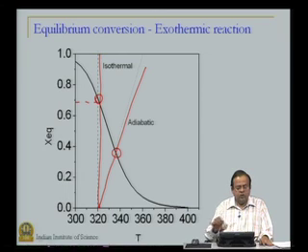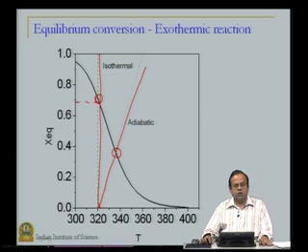Now, why is this interesting? This is interesting because, look at it this way. For a reaction to progress satisfactorily, there are now two constraints on us. One, we should carry out the reaction as fast as possible, and we should also worry that reactions are reversible.